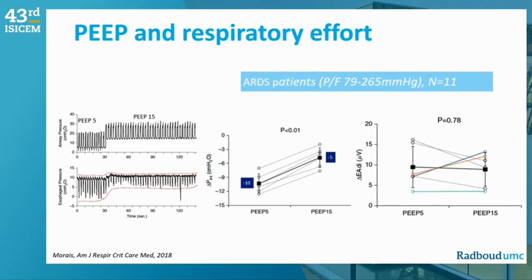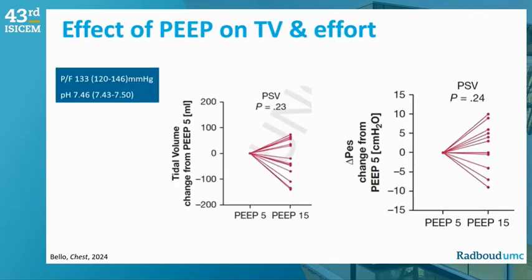Honestly speaking, if you try it in your own ICU, at least in my ICU, it is not as consistent as you see here, that increasing PEEP always decreases respiratory effort. But these are the findings of this group. Very interestingly, a study published a couple of days ago by Domenico Grieco in Chest did more or less the same study.